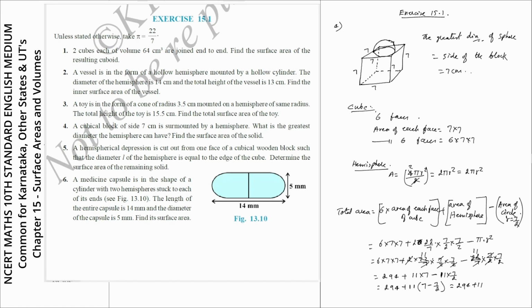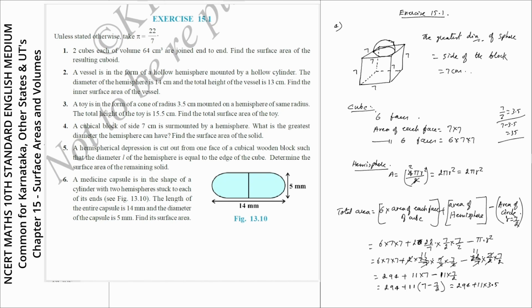7 minus half of 7, half of 7 is 3.5. Okay, 7 by 2 is half of 7, that is 3.5. Okay, 7 minus 3.5 is 3.5 only.